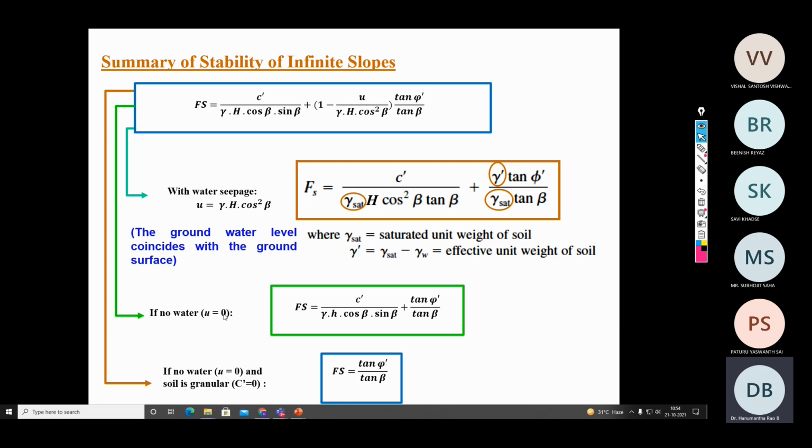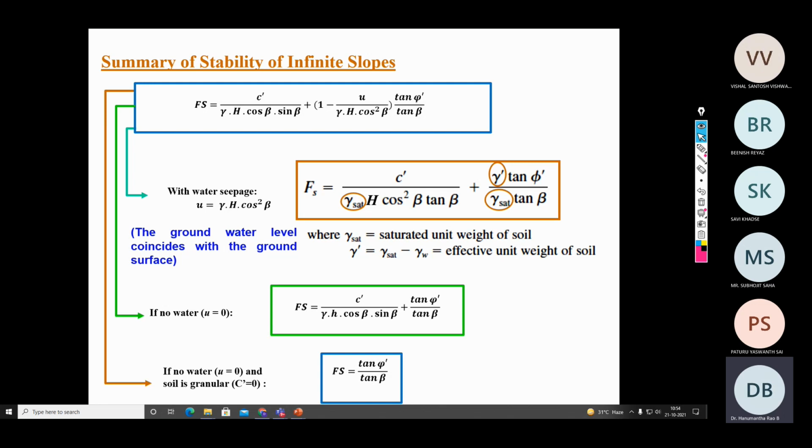If there is no water, that is the dry condition, for a c-phi soil, factor of safety equals c dash by gamma H cos beta sin beta, plus tan phi by tan beta. If no cohesion component exists, if it is purely granular material, then Fs equals tan phi dash by tan beta.